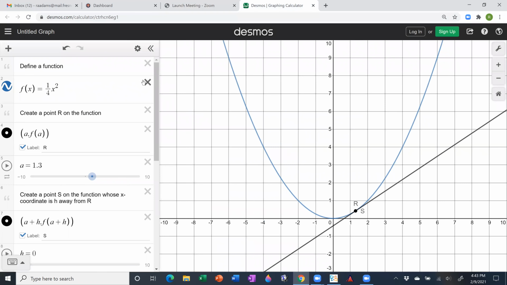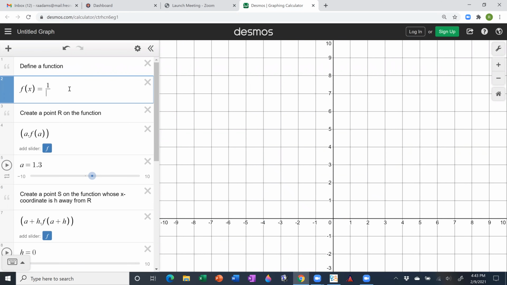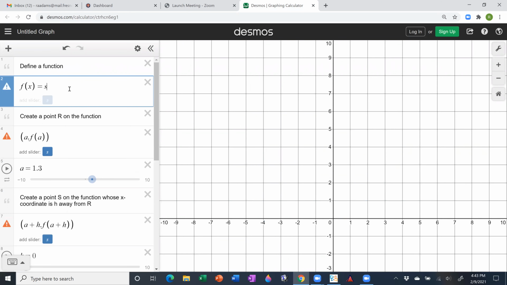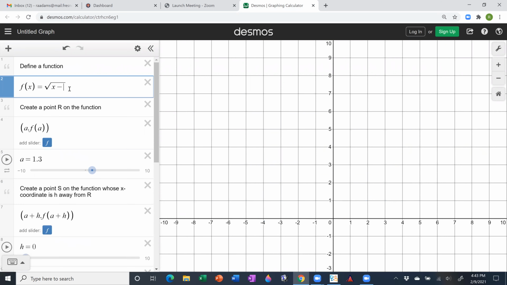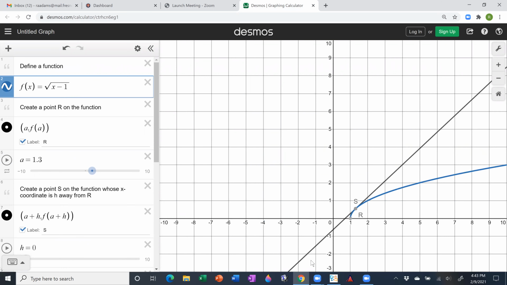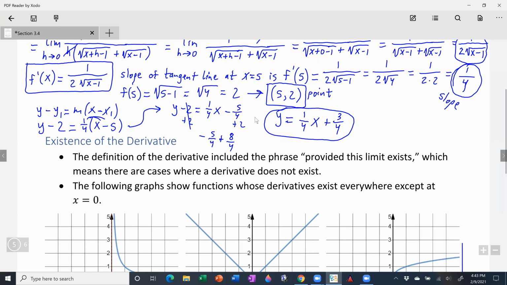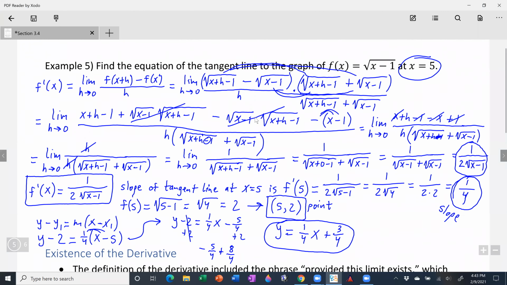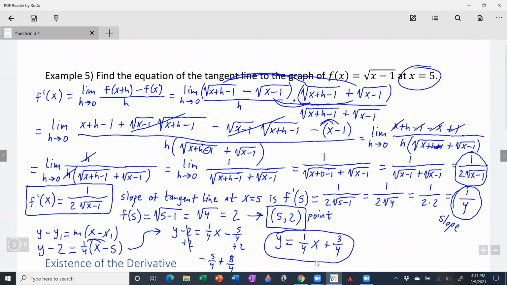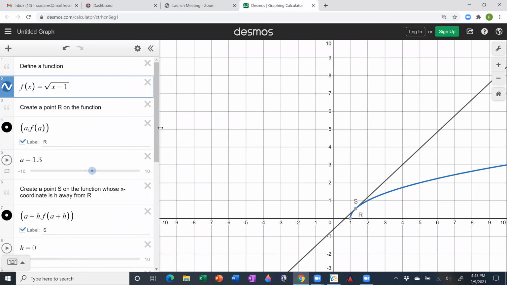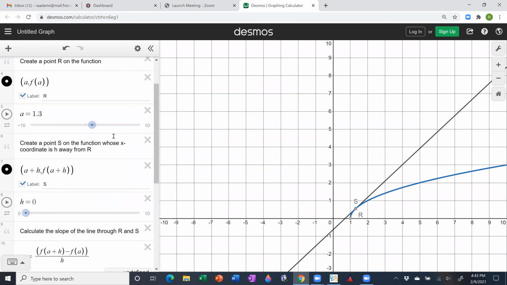If you go back to the Desmos thing, I have that function defined, but if you want to change that to whatever you want, go for it. It was square root x minus 1, and we wanted the tangent line at x equals 5, so let's make a equal 5.